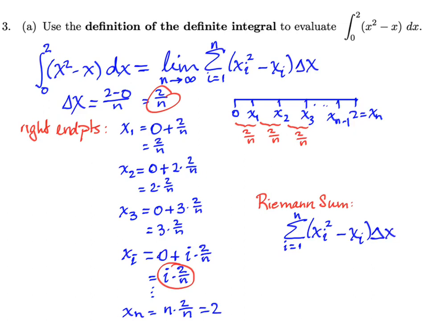And using our delta x and our xi that we just found, we can write this as the sum from 1 to n of (i times 2 over n) squared minus i times 2 over n, all of that times delta x, which is 2 over n. So this is our Riemann sum. And we have to take the limit of that as n goes to infinity.